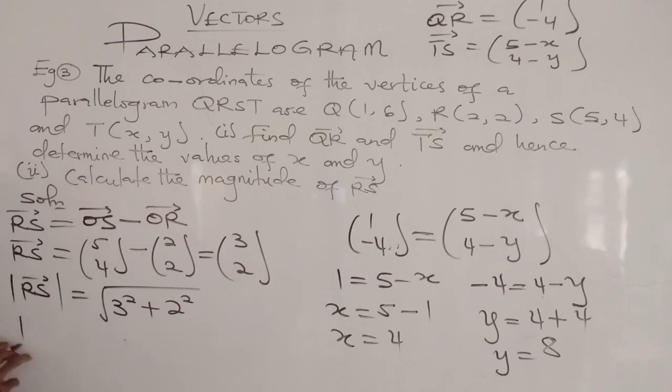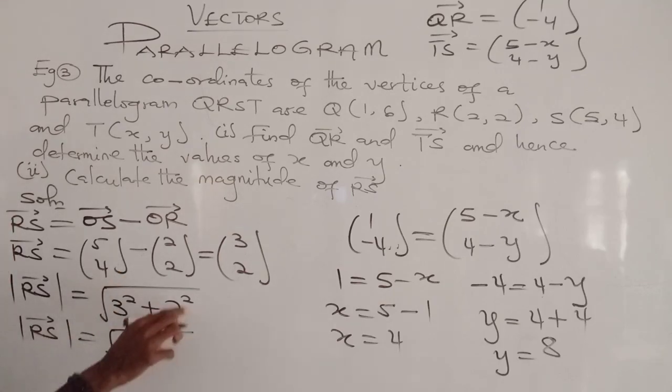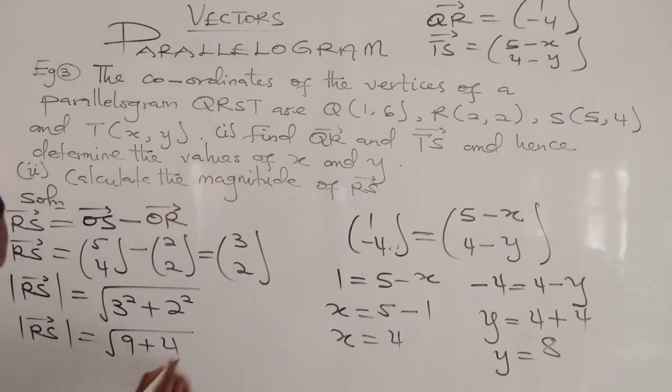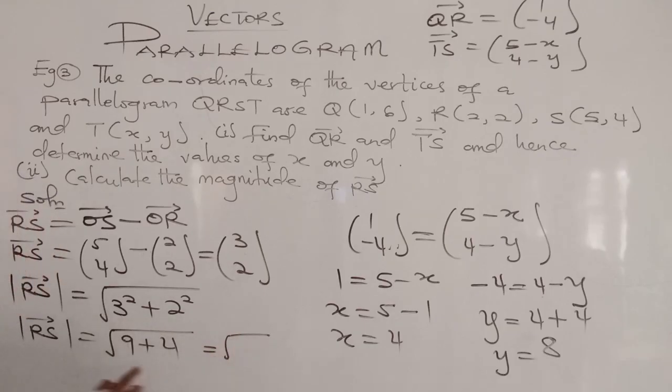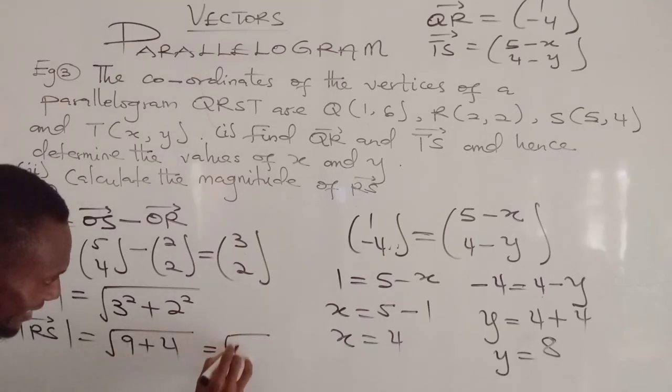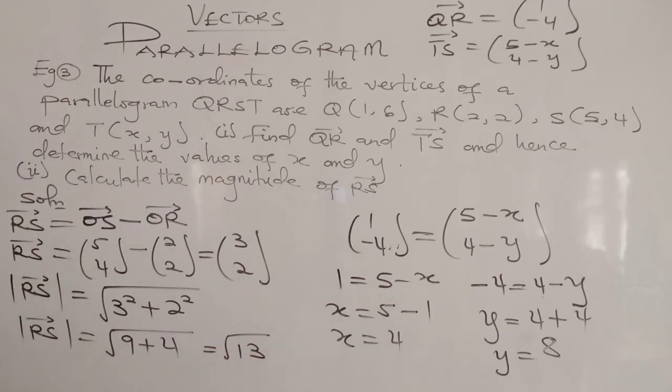So I'm going to repeat my magnitude of vector RS here, equal to the square root sign. The 3 squared is going to give you 9, plus the 2 squared is going to give you 4. Then we simplify further. So we are going to have the square root of 9 plus 4, which is 13. So we have the square root of 13.